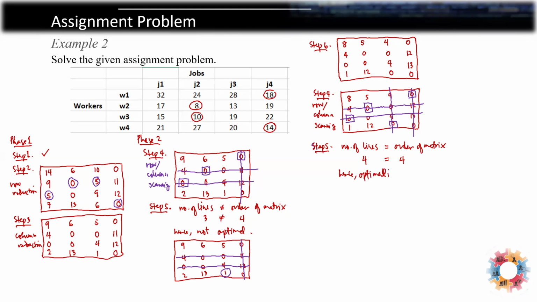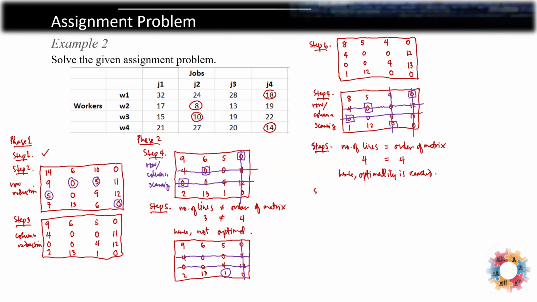Optimality is reached or satisfied, right? So what do you mean by this? When optimality is reached, you proceed to step number 7.